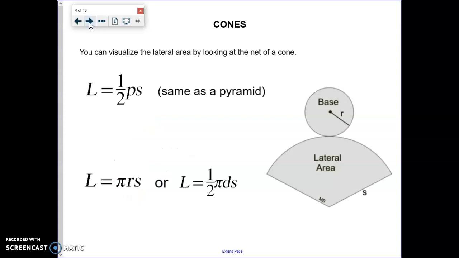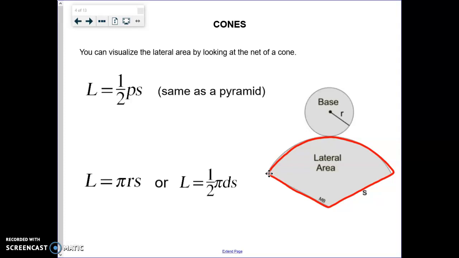So, let's start with the lateral area. And again, I put the net up here. And this right here would be the lateral area of the cone. Now, when we did pyramids, lateral area was equal to 1/2 times the perimeter of the base times the slant height. It's going to be exactly the same thing.